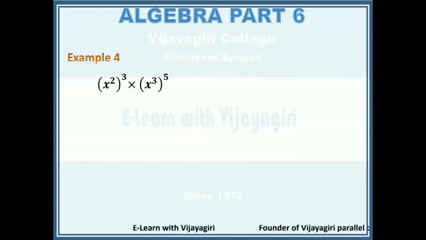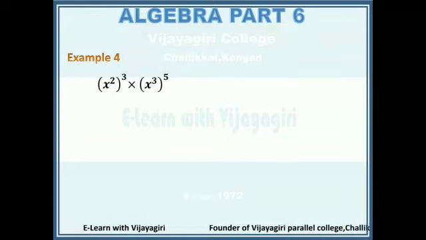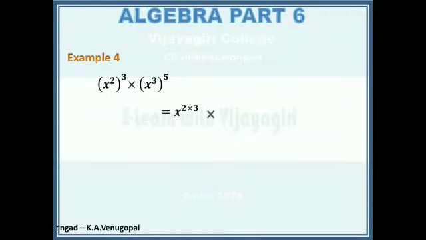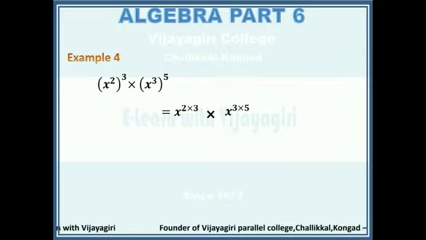Next example. x square whole cube into x cube whole to the power 5. Here both laws are coming, the multiplication law of indices as well as the law of raising a power. So first raise the power. x square whole to the power 3 can be written as x to the power 2 into 3, into x cube whole to the power 5 can be written as x to the power 3 into 5.